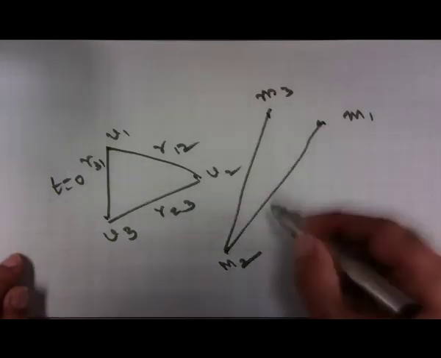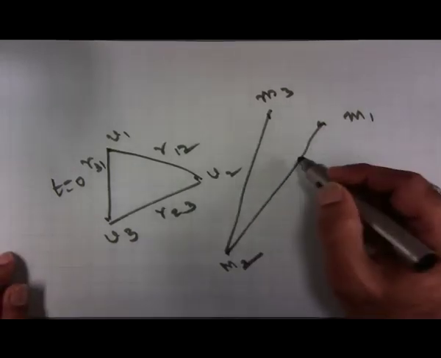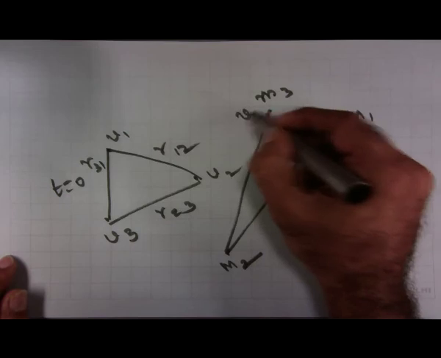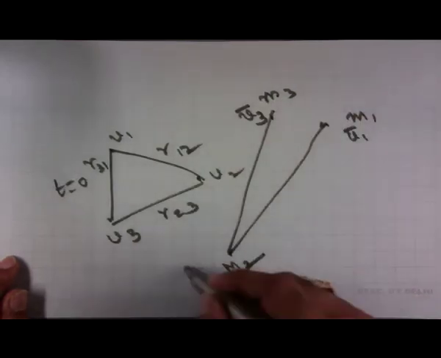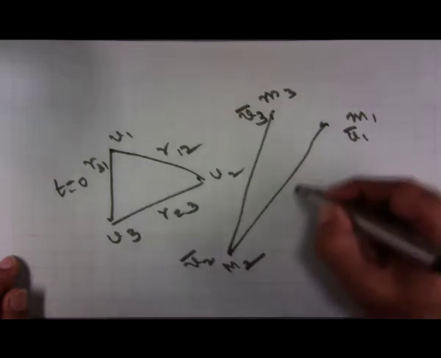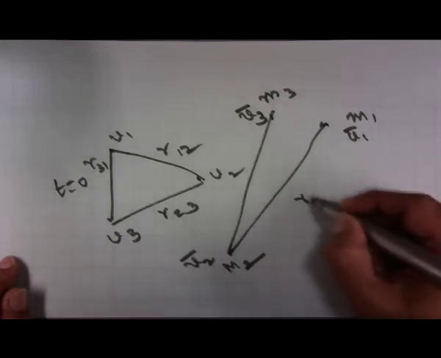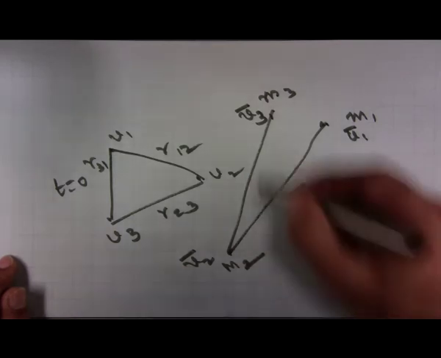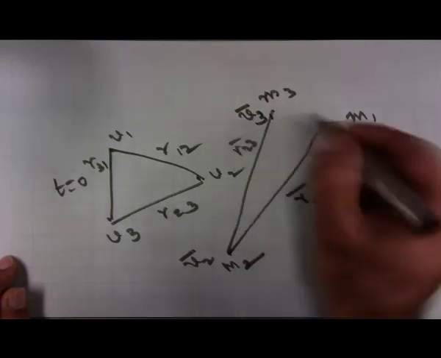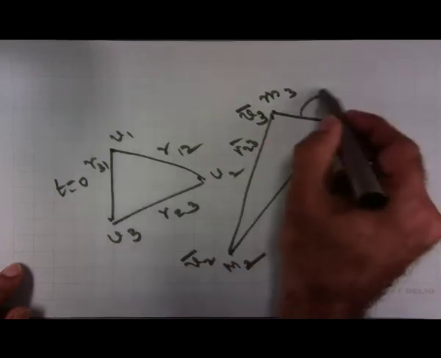So what happens? I will again give velocities v1 bar, v2 bar, v3 bar, and this will become r12 bar, r23 bar, and this will be r13 bar.